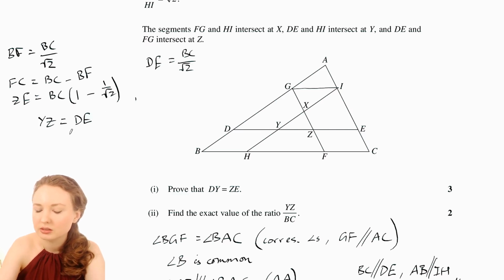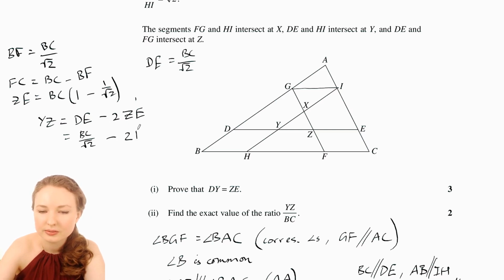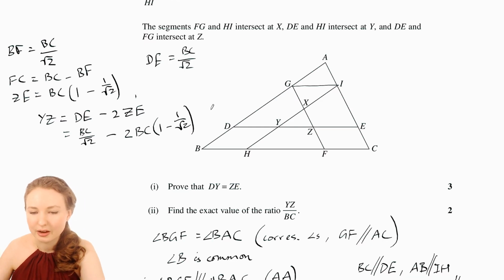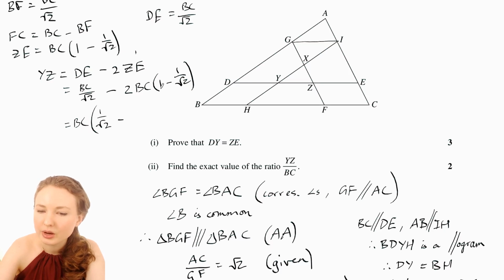They're both equal, so I'll just say minus 2ZE. So BC on root 2 minus 2 times this. I am running out of space, so let's pull the BC out the front. We've got 1 on root 2 minus 2 and then plus 2 on root 2.